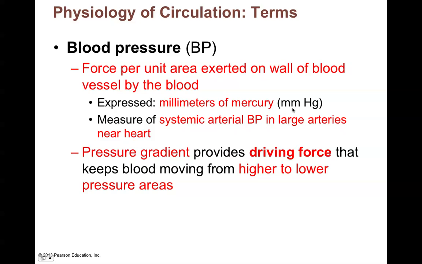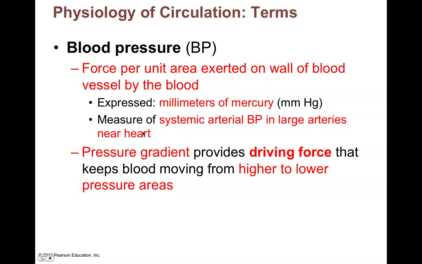You've probably seen the cuff that goes around someone's arm in order to measure their blood pressure. As the pressure is registered, it is transferred to a column of mercury in the device, and the higher the mercury level goes, the higher the pressure.